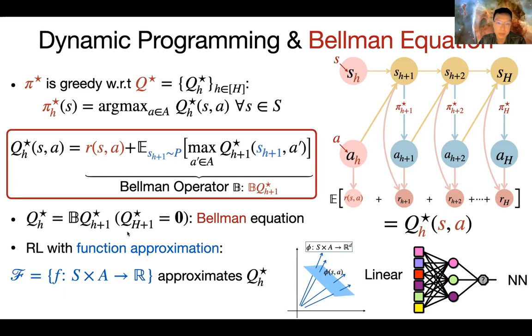And because the number of states can be infinite, we need to incorporate some function approximators to estimate the Bellman's equation. By function approximation, I mean we need to utilize some parametric function class to approximate this Q function or the right-hand side of the Bellman's equation. Some examples include linear functions and neural networks.